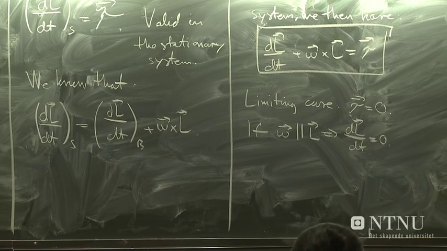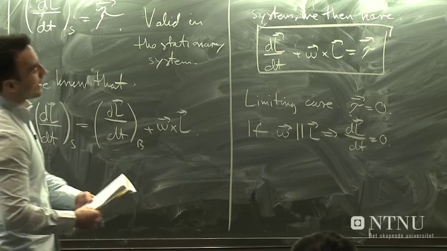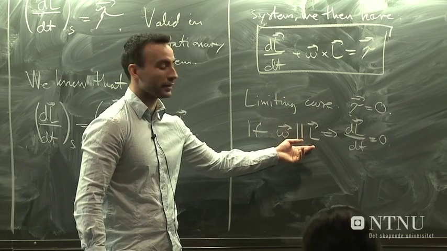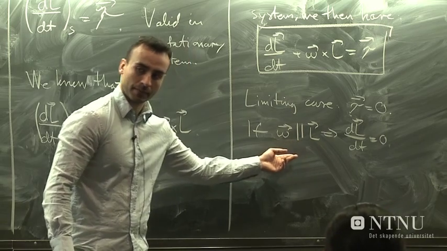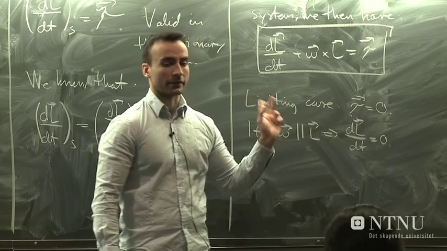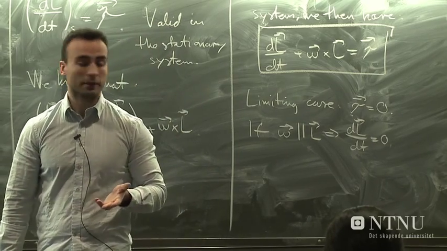We will experience no change in the angular momentum if the angular velocity vector is parallel to the angular momentum. But this is only valid in the case of a freely rotating system, so there is no external torque.